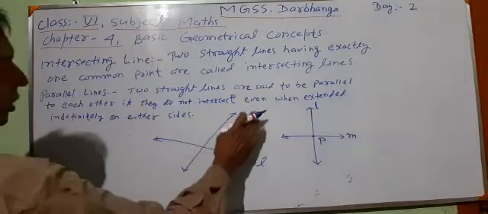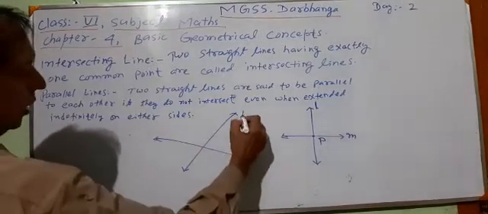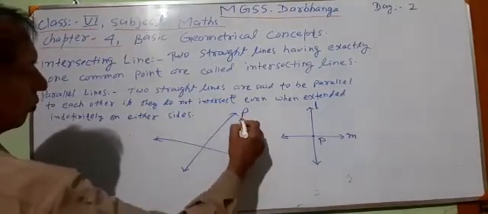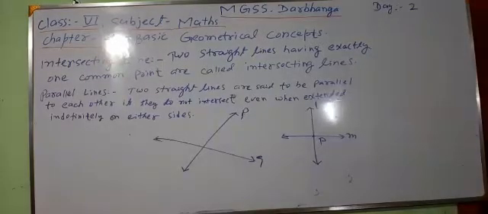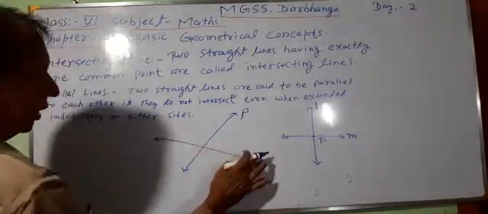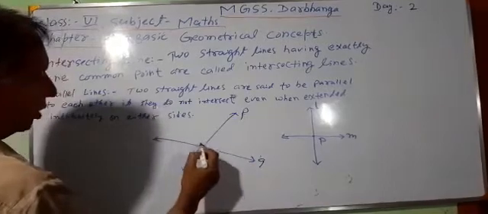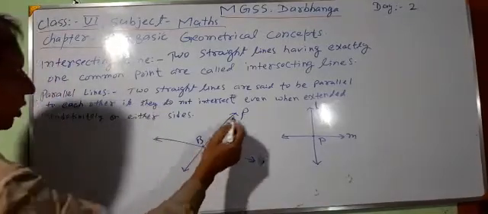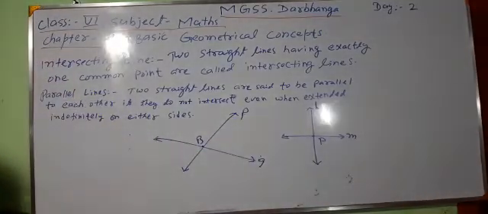Here also, suppose the names of lines are P and Q. Here one line is P, the other line is Q. Both pass through one common point B.